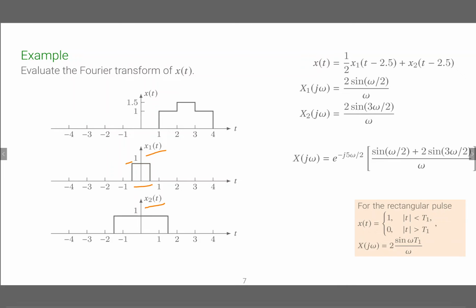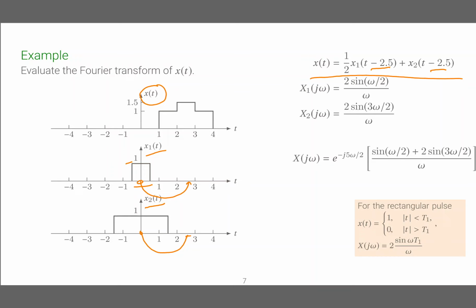If we have defined x1(t) and x2(t), this x(t) can be written using them. Of course we have to shift the origin to 2.5, which is what we have done here, t minus 2.5, and we have to multiply the first signal by half so that we get x(t).